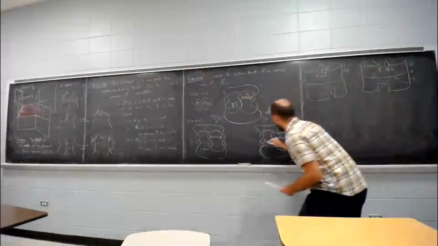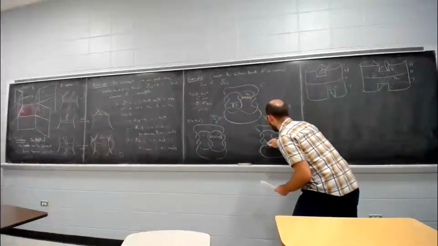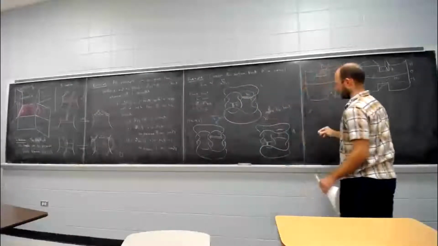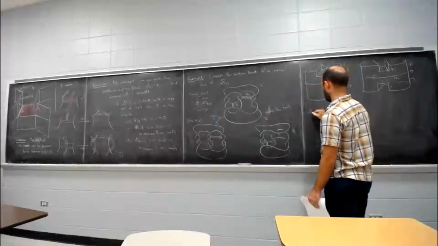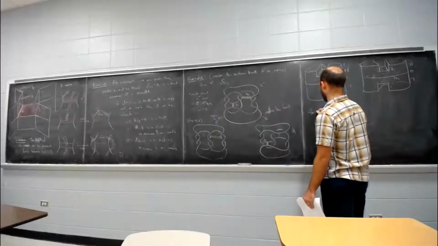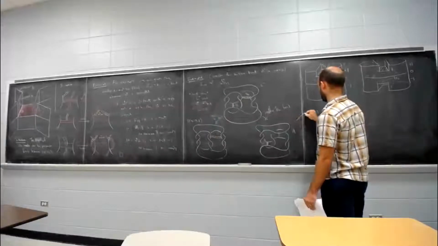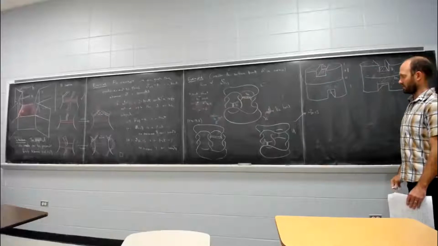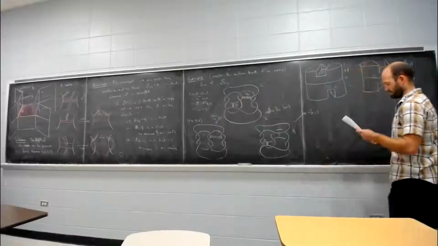And in fact, we can even consider the portion of the surface S_0 to 2. We can consider the top half of this surface in a little bit more detail.